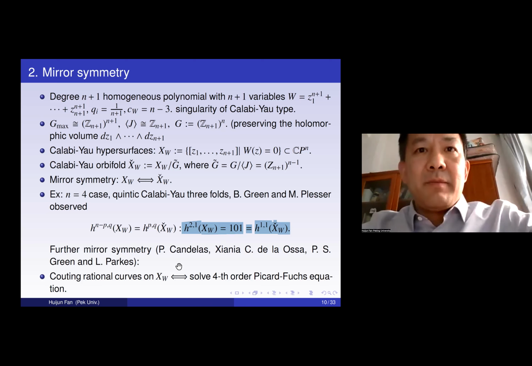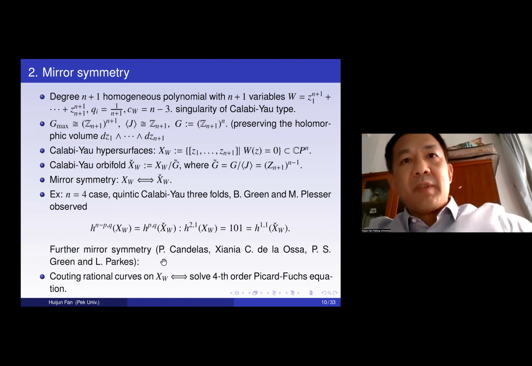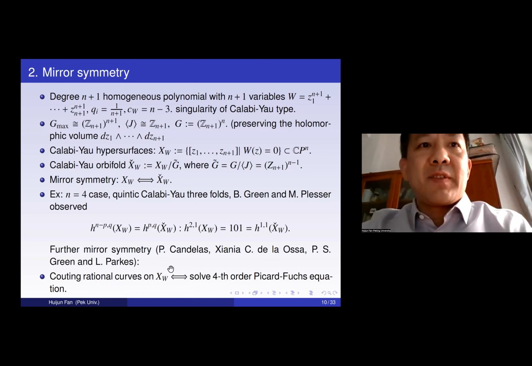And then many physicists found a lot of examples having such symmetries. But of course, this is not so astonishing if only this phenomenon appears. Then some physicists found more surprising facts.